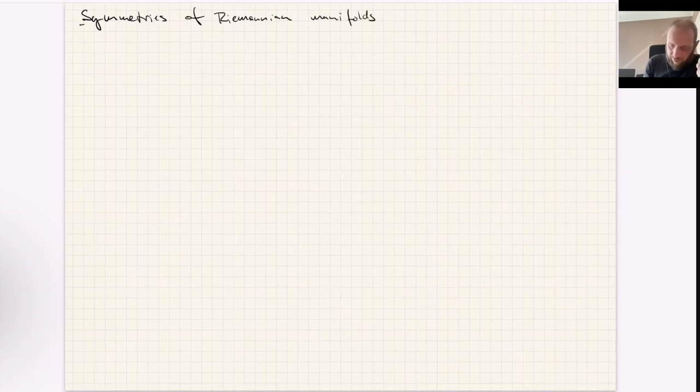And if you have not come across the word Riemannian manifold before, that's just a space which is equipped with a metric tensor. So there is some notion of an inner product on the tangent space.